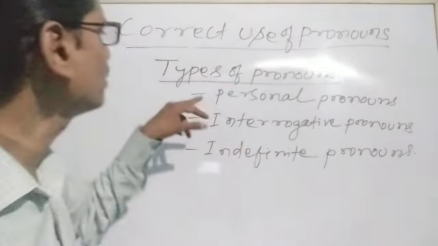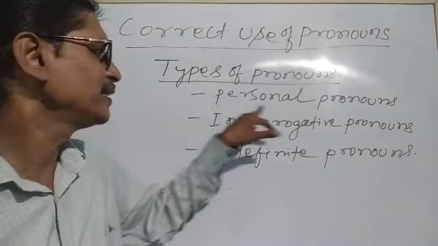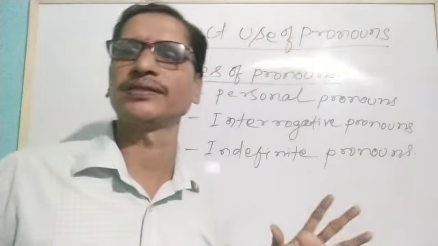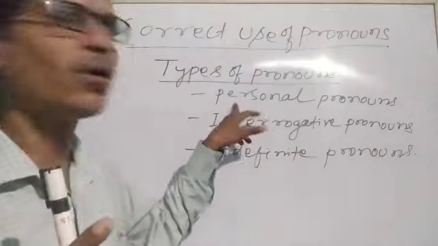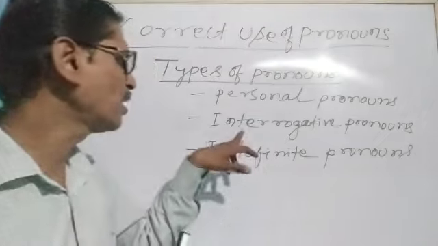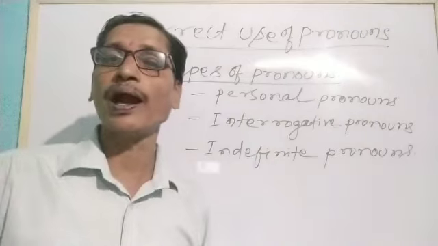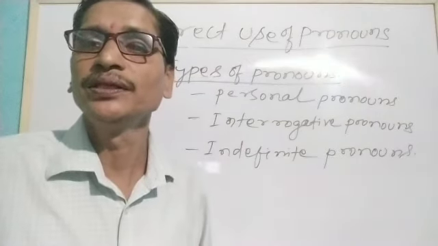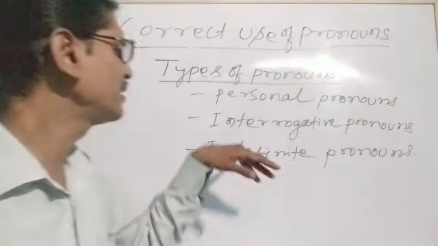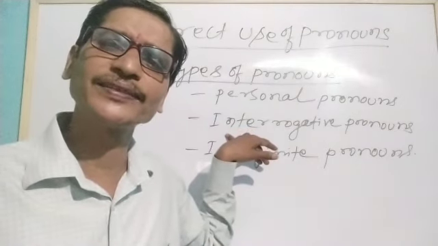So before understanding how we can correctly use pronouns, let us briefly understand the different types of pronouns. The first of such types is personal pronouns, which are completely associated with persons. Therefore they are called personal pronouns. Similarly, some pronouns are called interrogative pronouns. As you know, the word interrogative means asking questions. Some pronouns we use to ask questions for more information are called interrogative pronouns, which we discussed in 8th class.